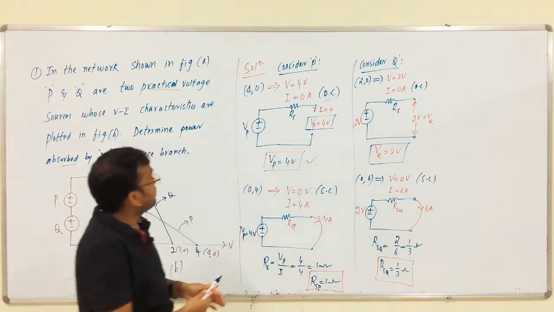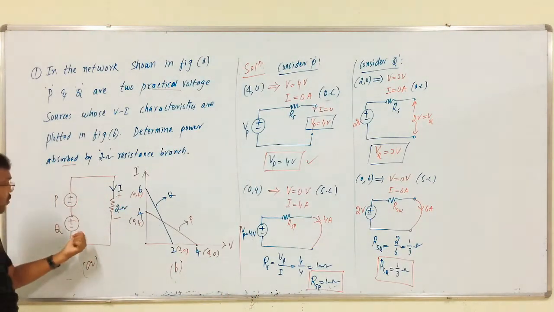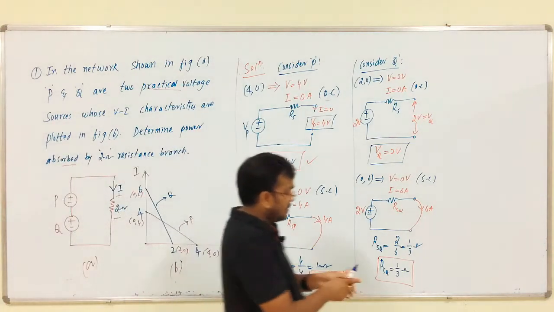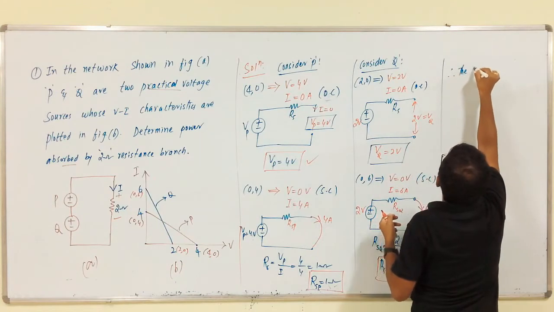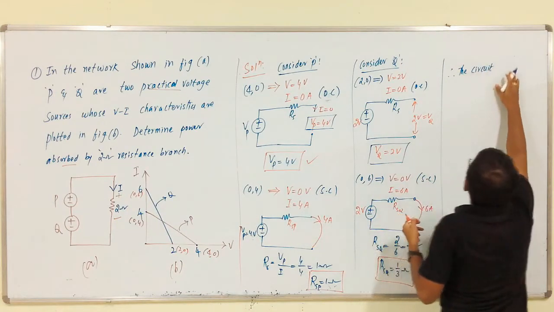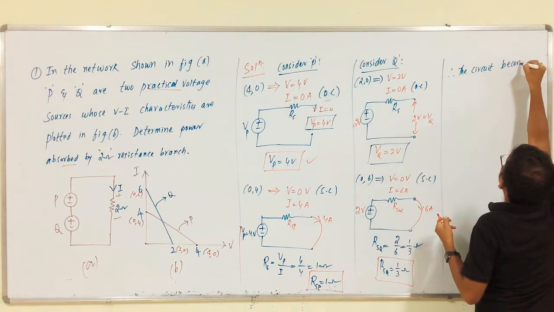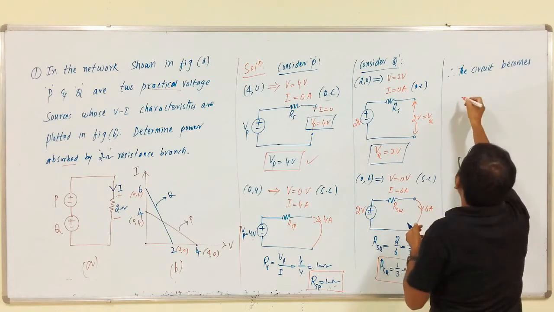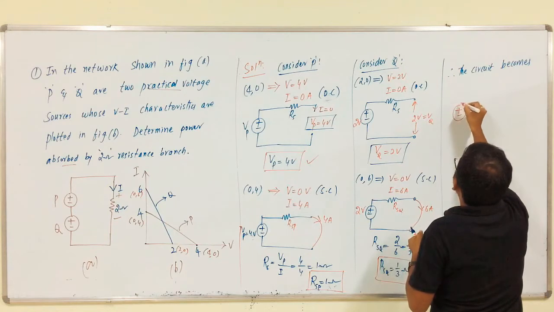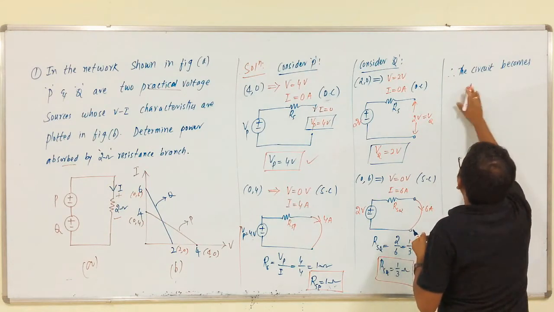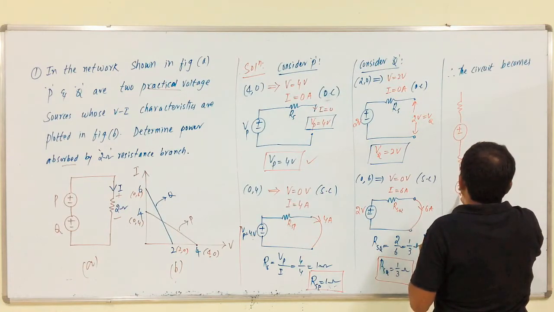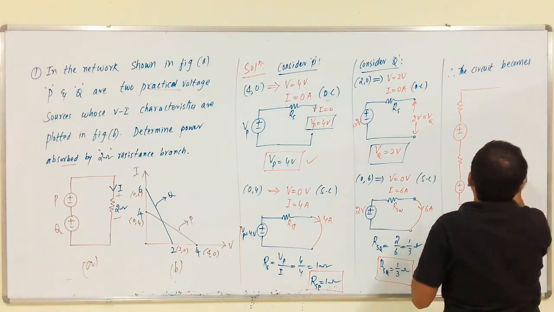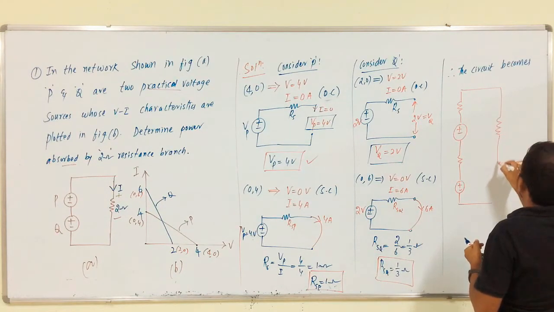So, we got VP, VQ and their internal resistances. Therefore, the circuit becomes internal resistance plus minus, and the given resistance is like this.